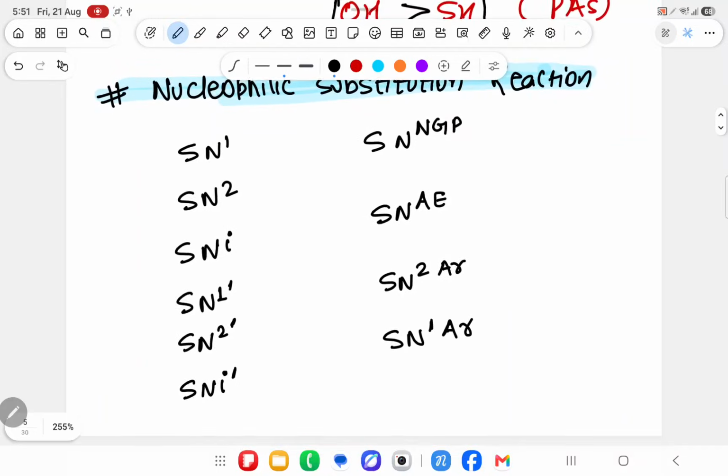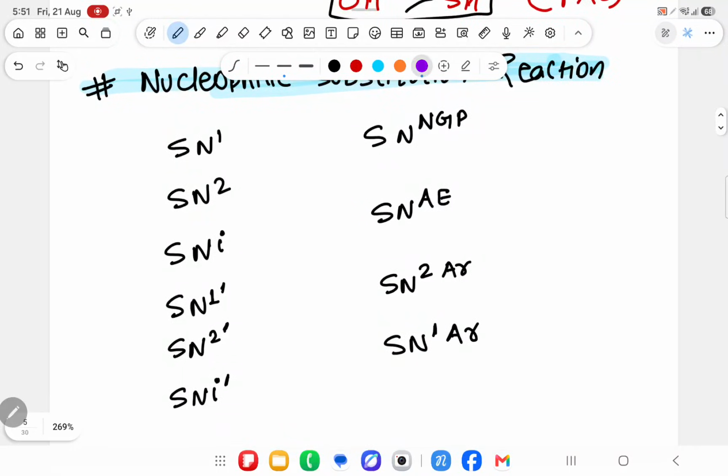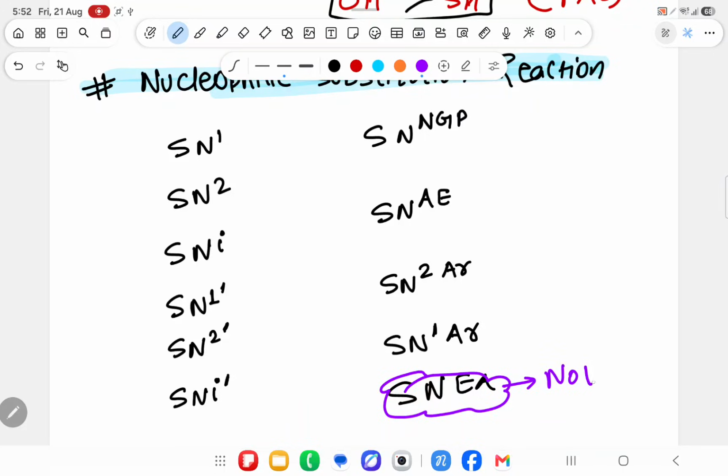Like that, these many topics we have to study. One more topic is SNEA. I have not written it because this topic is not in JEE and NEET, neither in Mains nor in Advanced. So I have not written SNEA, because it is not in our syllabus. So these many topics we have to study.